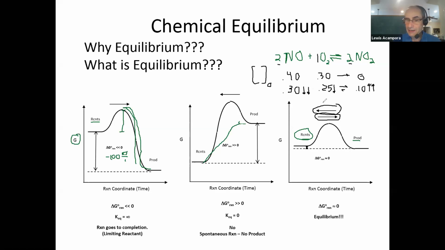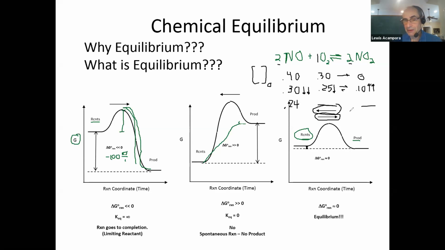But eventually, as this reaction chugs along, as the system evolves, these reactant concentrations will decrease and the product concentration will increase, until I get a situation where this might be 0.24. And you should all be thinking very quickly, what will I fill in for these other concentrations here and here?